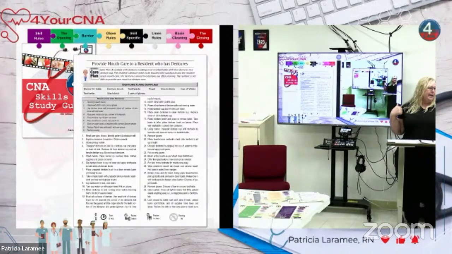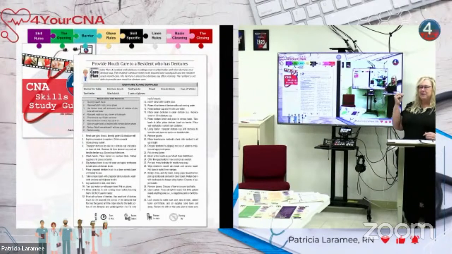It would be like me handing you the keys to a Lamborghini that I own and say, have fun. You know, I'm not going to do that. It's not worth the risk to me, because I'm the one that's going to have to suffer the consequences. Does that make sense? So if your patient can take care of their own dentures, they probably will. But if they can't, we need to be aware of the right processes so that we don't break the dentures, so that we keep them safe for the patient's use.